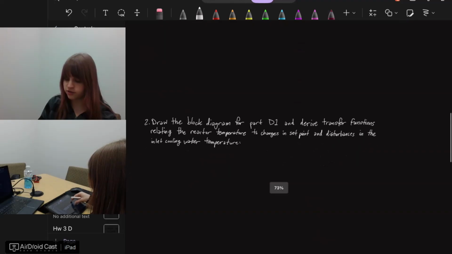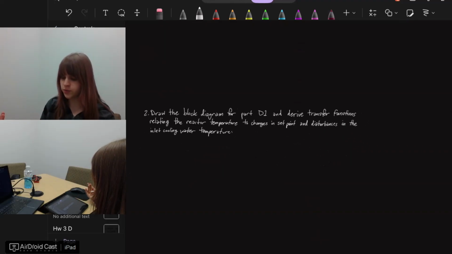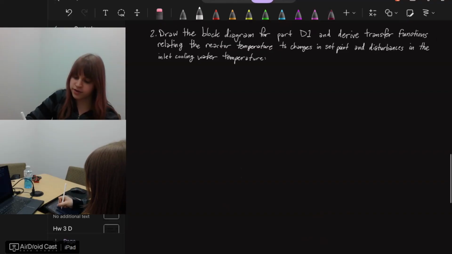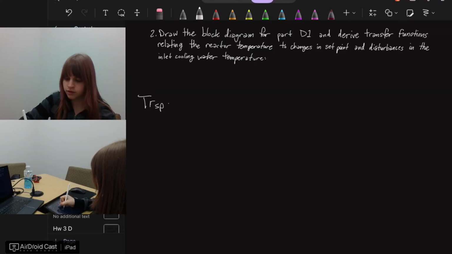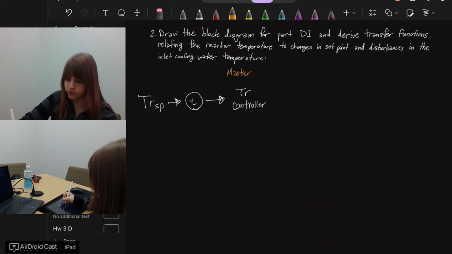And now I would like to draw the block diagram for part D1 more thoroughly and derive transfer functions that relate the reactor temperature to changes in the set point and disturbances in the inlet cooling water temperature. So we would have a reactor temperature set point, so that's TRSP, going into a comparator. We have the TR controller, which is the master controller, or the primary controller.